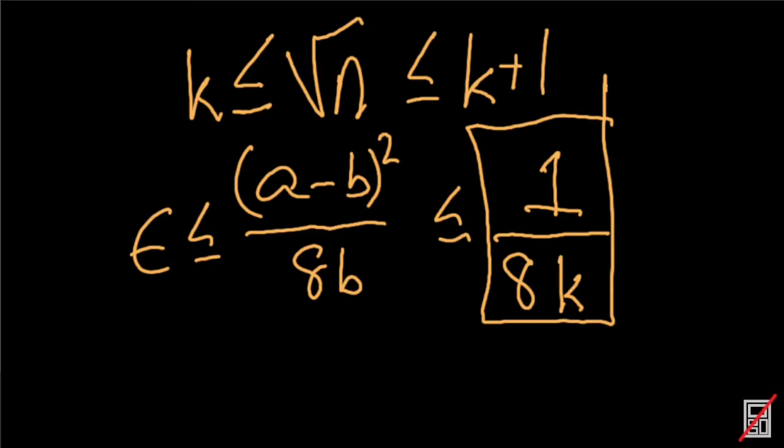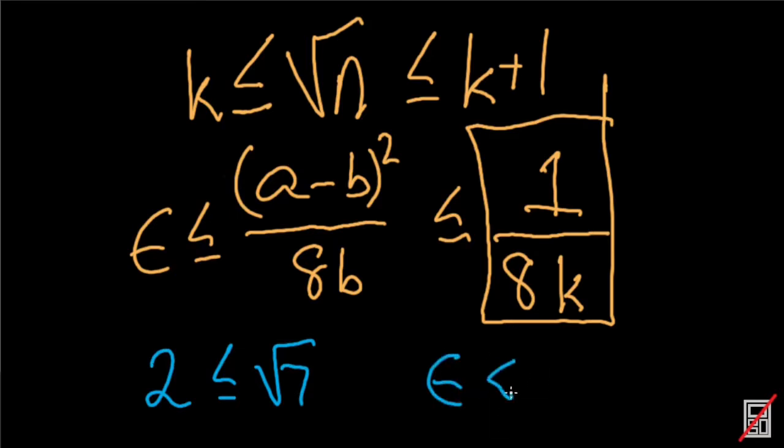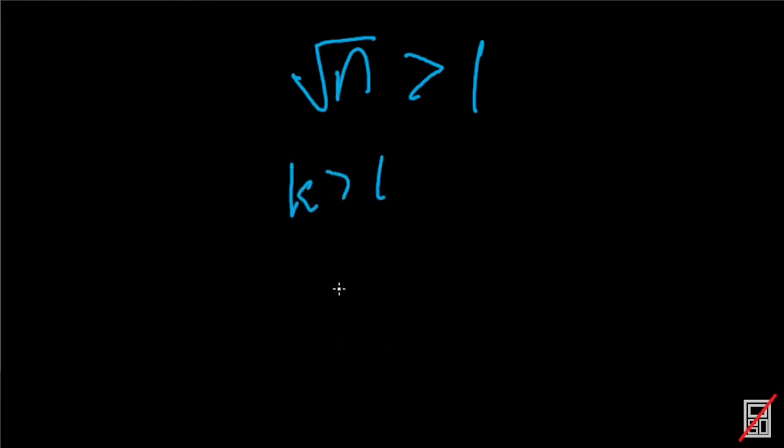which is really tight, actually. In our computation of the square root of 7, the square root of 7 is bigger than 2, and so our error is going to be less than 1/16. Now, what other things can we say about this? Suppose the number we're taking the square root of is bigger than 1, then we automatically know that k is bigger than 1, and our error will be less than 1/8.